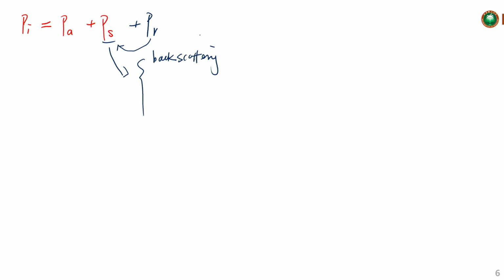Detected by the radiometer, right? The second part is the diffuse scattering. Another one is the forward scattering.